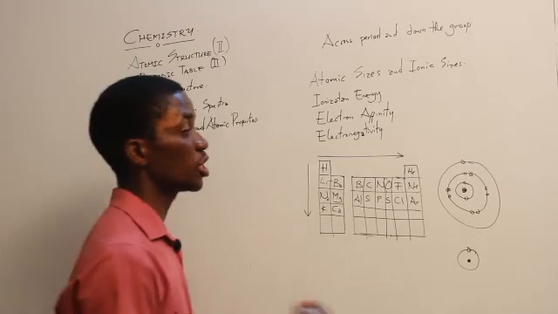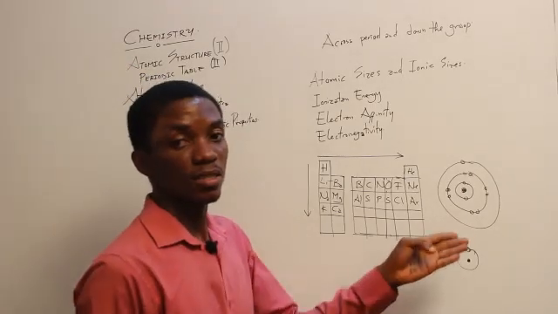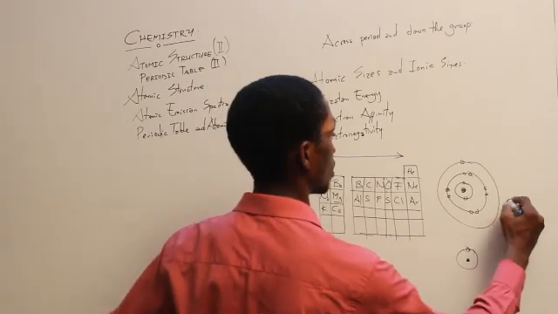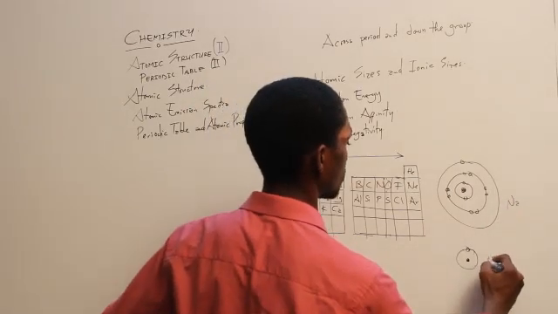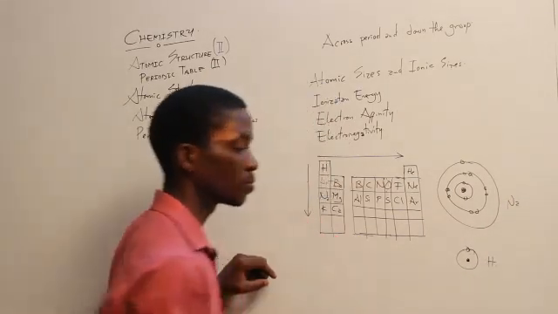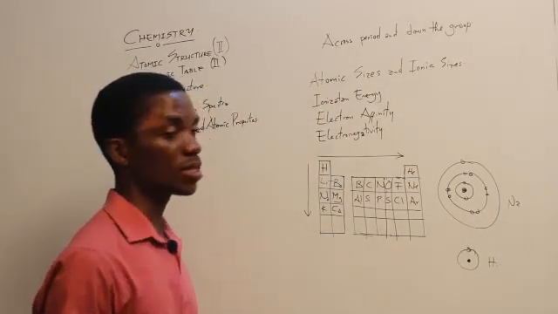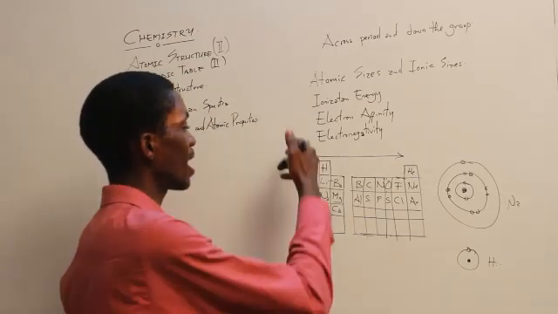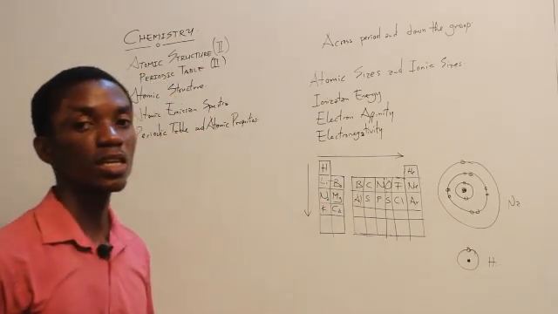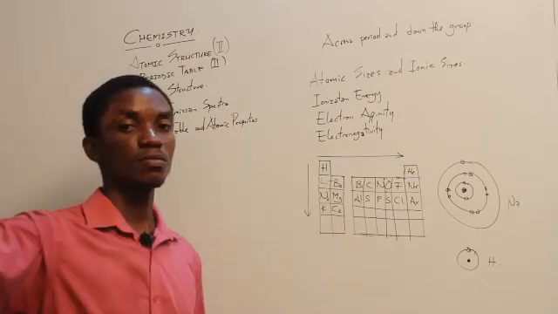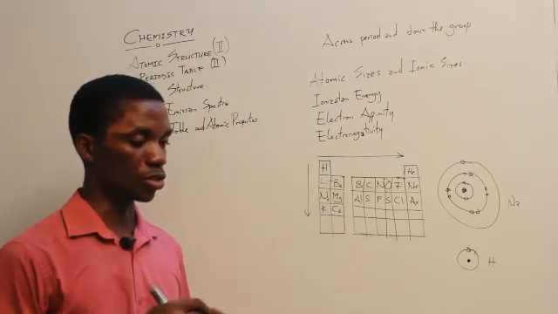Because of the number of shells that have to exist, sodium has to be bigger. So this is our sodium and this is our hydrogen. So down the group, the atomic size increases, but across the period it reduces.